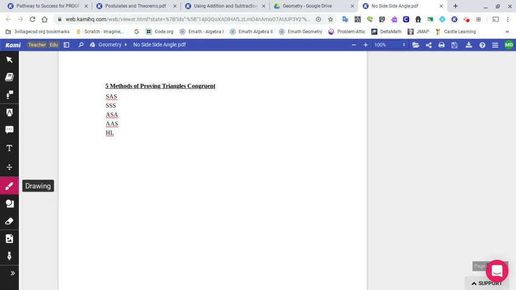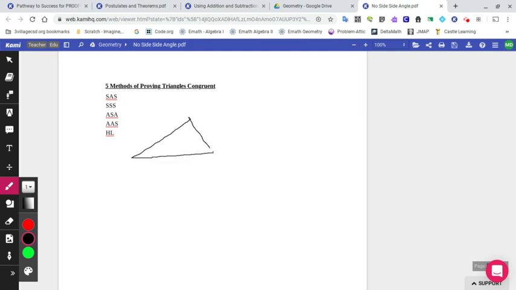I'm going to draw a triangle that looks like this. And over next to it, I'm going to draw a triangle with this same angle.